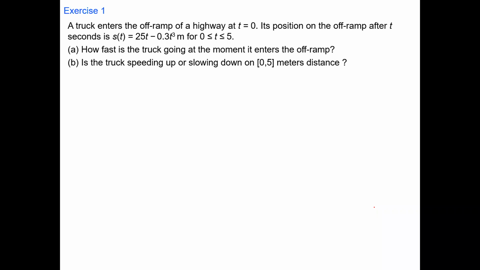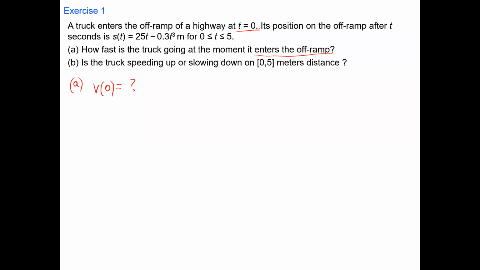Now we have two questions to answer. A, how fast is the truck going at the moment it enters the off-ramp? For part A, we have to figure out the velocity at 0, because it enters the off-ramp when t is 0.